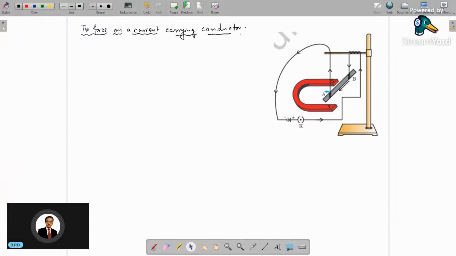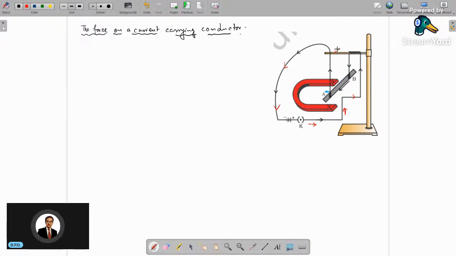You can see the magnet is subjected to a closed circuit path where the flow of current is essentially performed in this direction, which is closing the circuit.